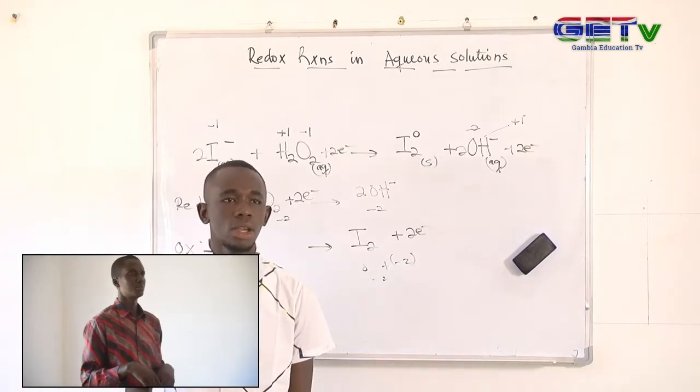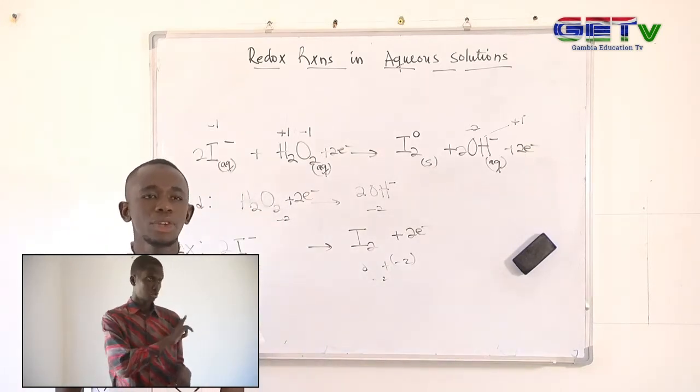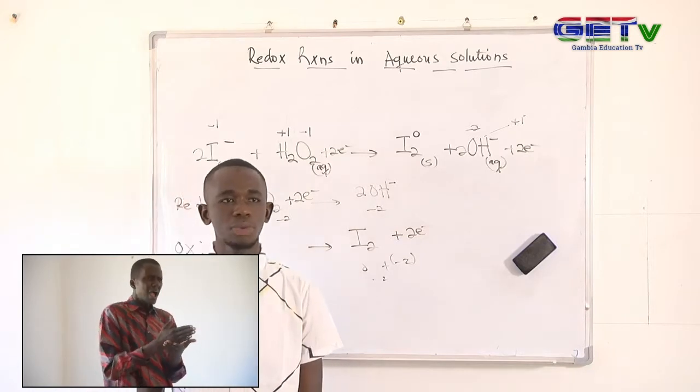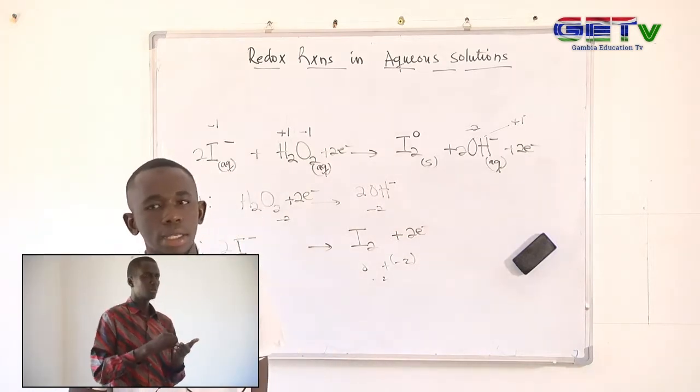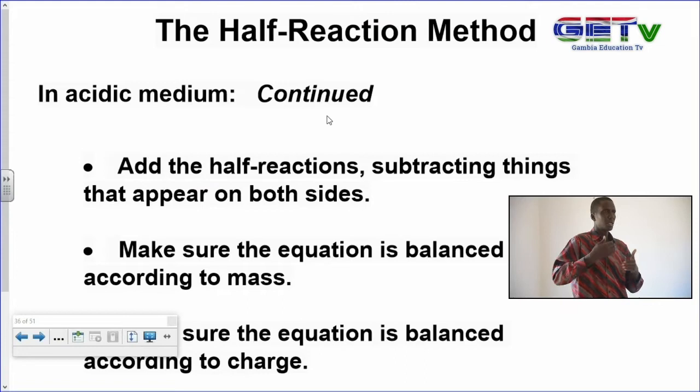Again, we add the half reactions by subtracting things that appear on both sides. That is, if you have hydrogen ions on the oxidation side and you also have hydrogen ions on the reduction side, you can subtract them, and the same thing applies to the water molecules.